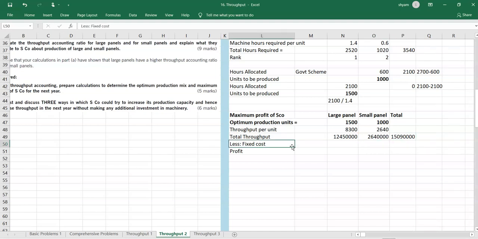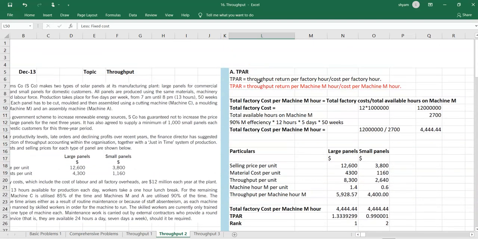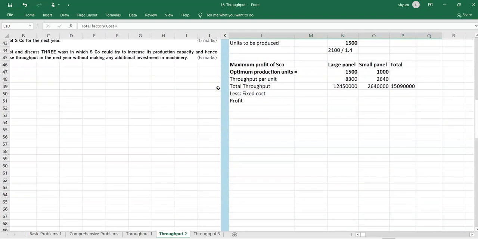So total factory cost we have to get. So that is also available in the sum earlier. It was available somewhere here. So total factory cost, okay, so this would be our profit.